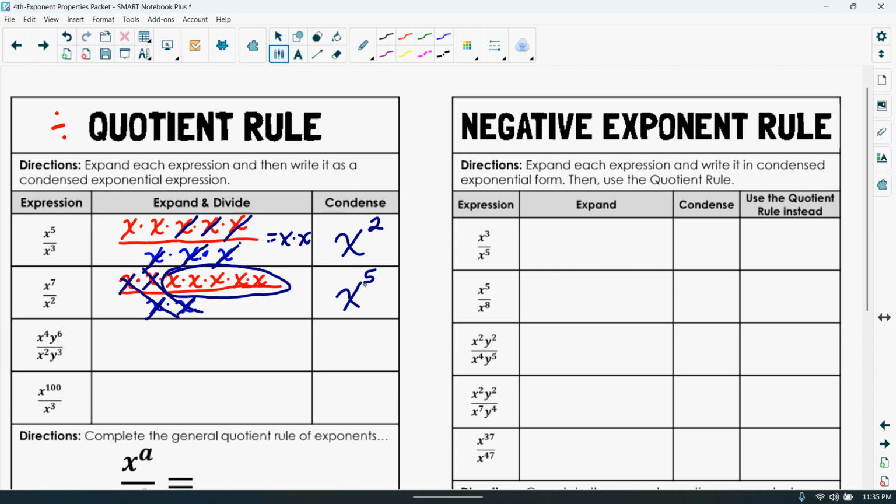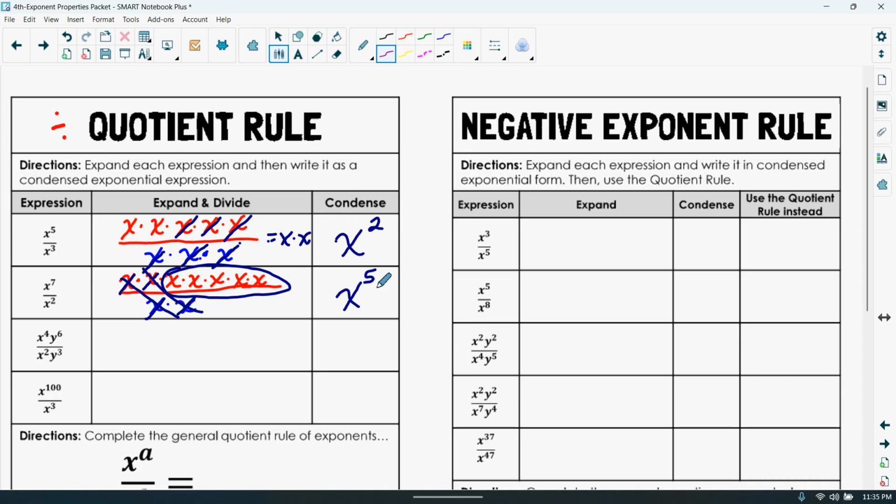And so there is a pattern with dividing our exponents to get to the condensed form. So if we look here, we have 5 and 3, and our final answer was 2. Here we had 7 and 2, and then our final answer was an exponent of 5.